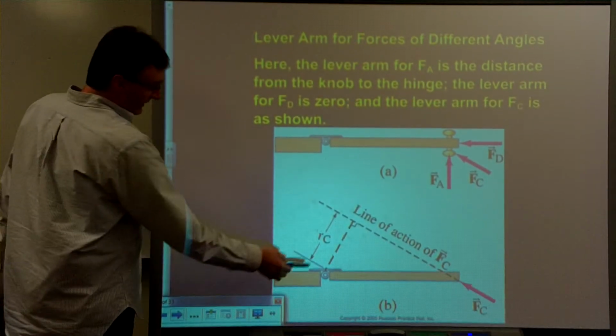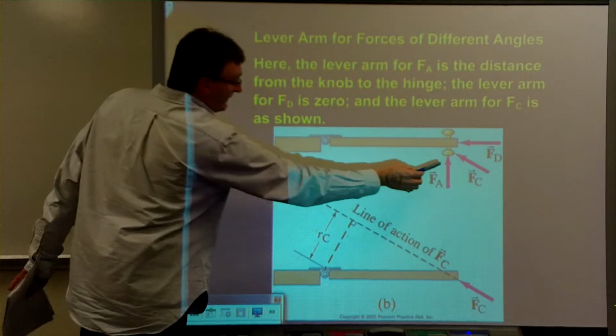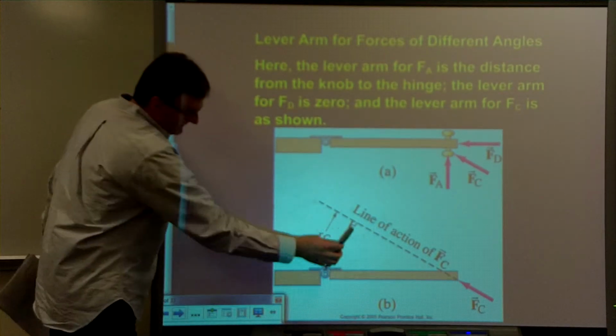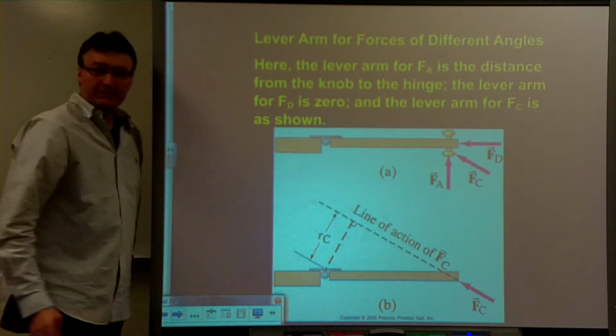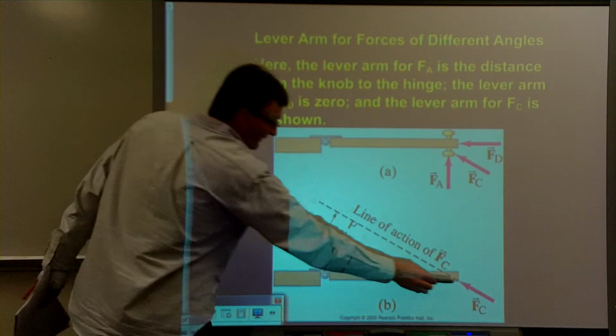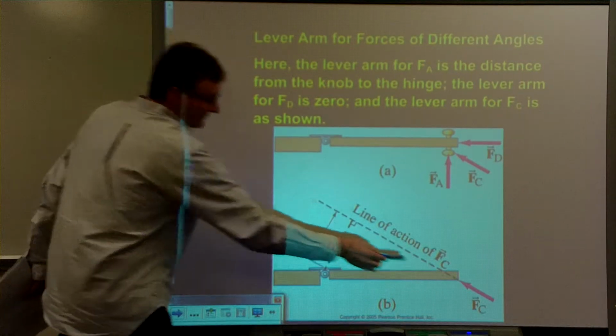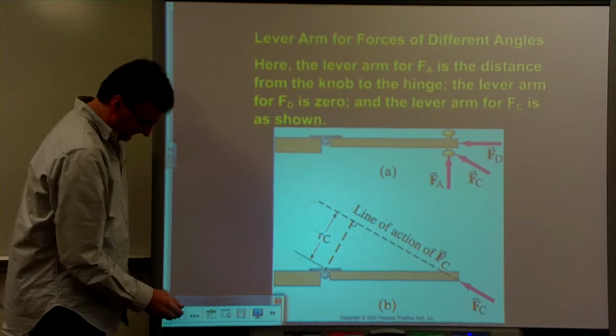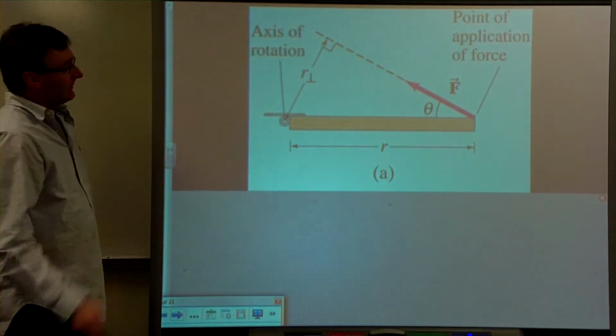However, if it's on an angle like this, then we need to use the component, or in this case, what we're measuring is the perpendicular distance of the line of force. Okay, so here's our line of force right here, and this is the perpendicular distance right here. Now, we can do this in a couple of different ways.